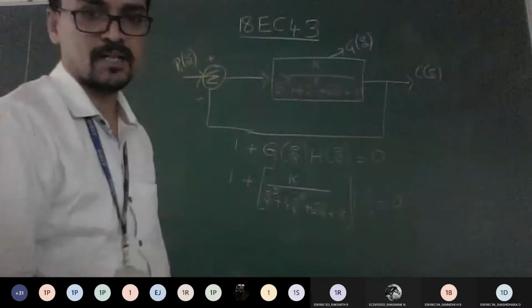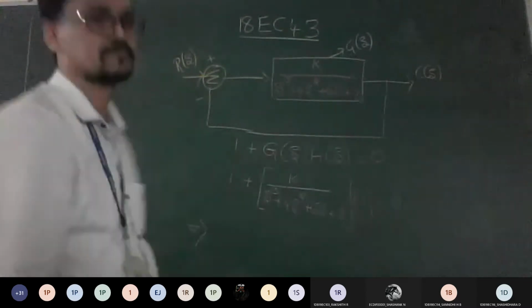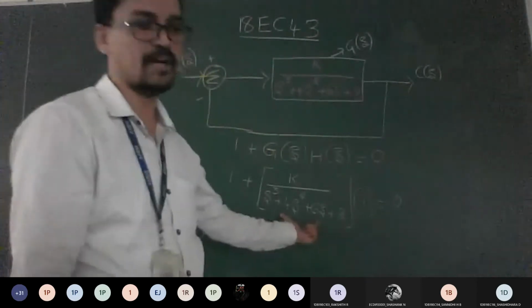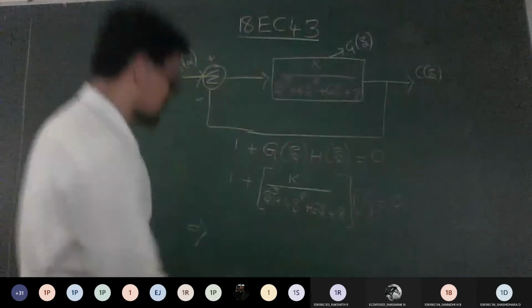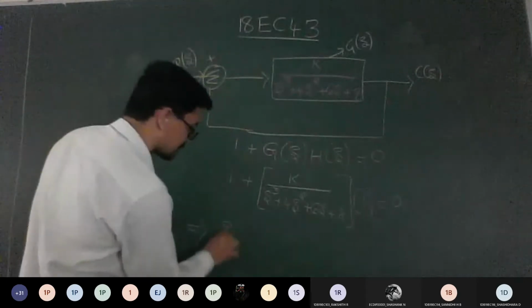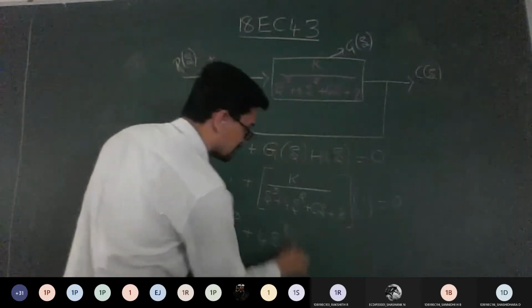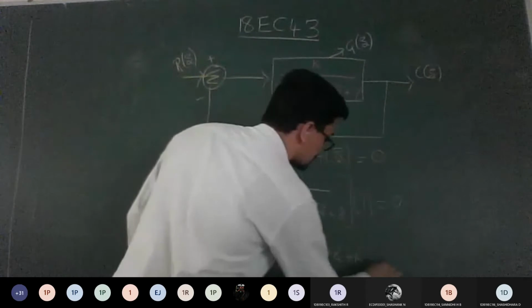If you take LCM and simplify this, what is the expression you're going to get, guys? Take LCM and tell me the answer. So the same term will be added with plus k equal to 0. Is it a quadratic equation? Take LCM. So s cube plus 4s square plus 6s plus 8 plus k equal to 0.